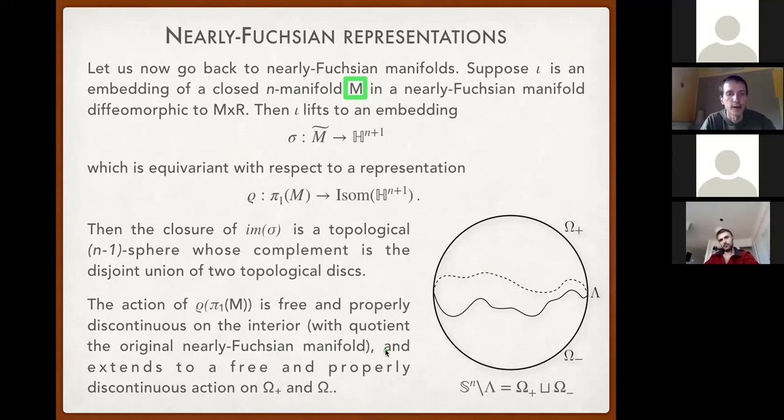Moreover, this action of rho, the fundamental group, extends to a free and properly discontinuous action on each of these two topological disks. This is like in quasi-Fuchsian manifolds, but this is true in any dimension. So we have these two distinguished regions, omega plus and omega minus, in the boundary of hyperbolic space. And on each of these, the action is good.